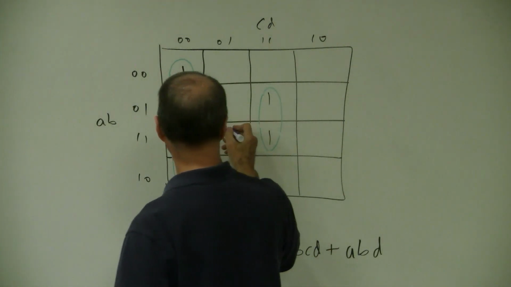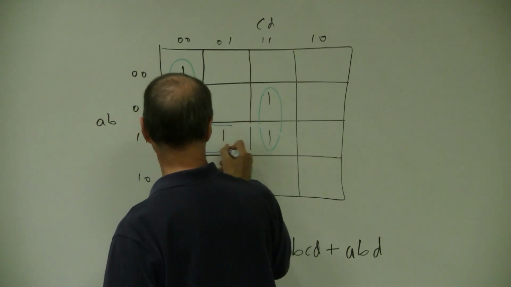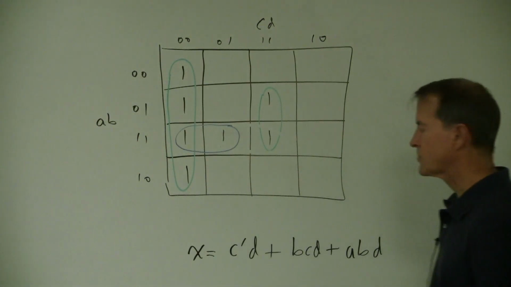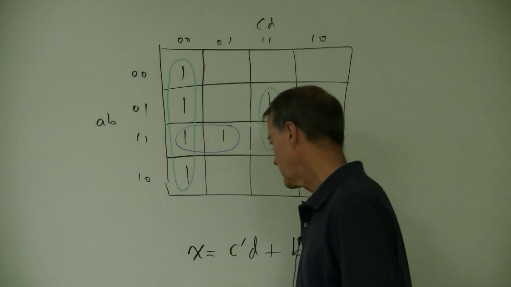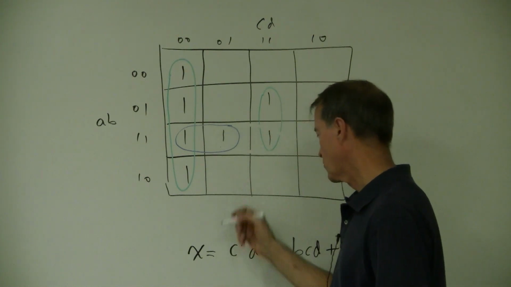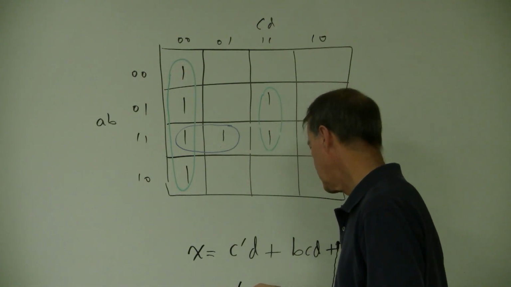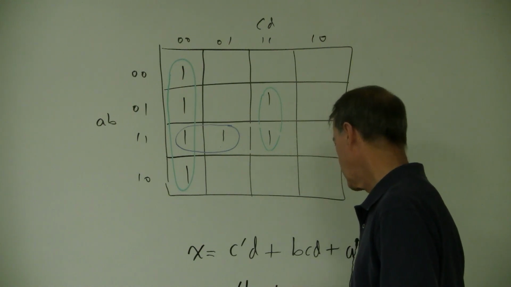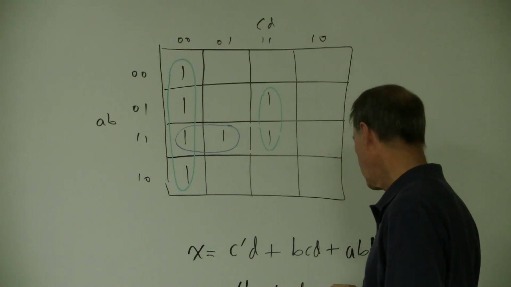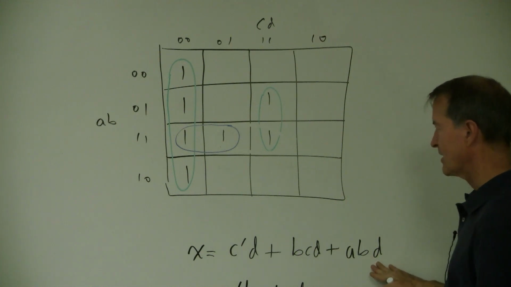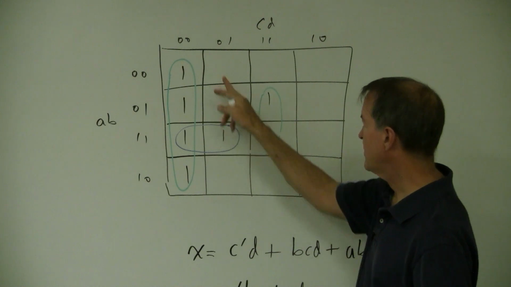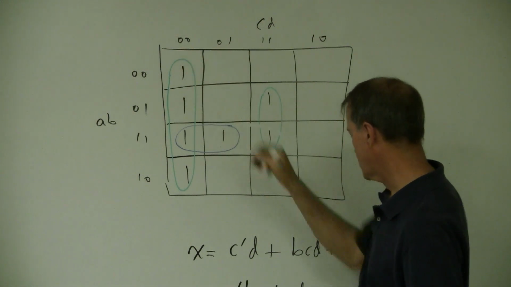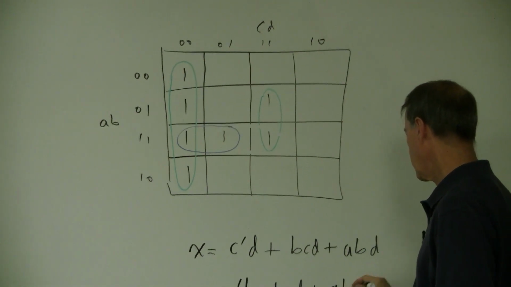And we'll do it this way, because this also covers them all. And what is this function? Well, in this example, with this grouping, X is C prime D, or BCD, or, but now instead of being ABD, it's what? ABC prime. It's AB still, and then C prime, that's where the C is 1. So it's ABC prime.